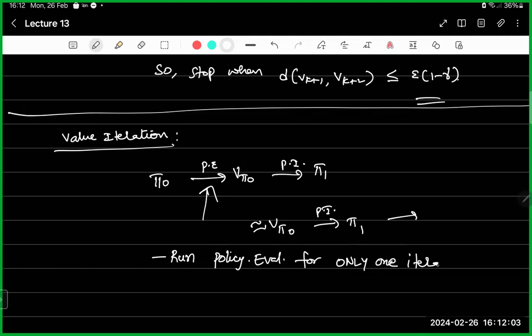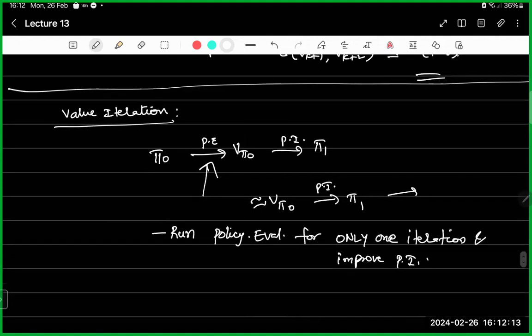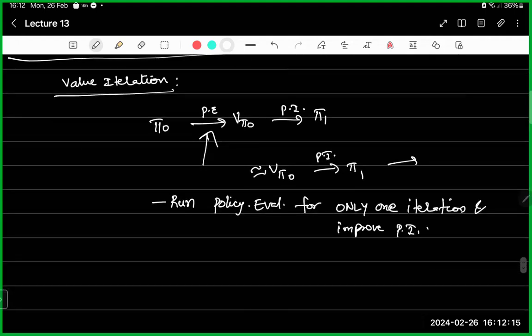Run policy evaluation only for one iteration and apply policy improvement. Okay, that's roughly what value iteration means. So let me show you why that's the case.